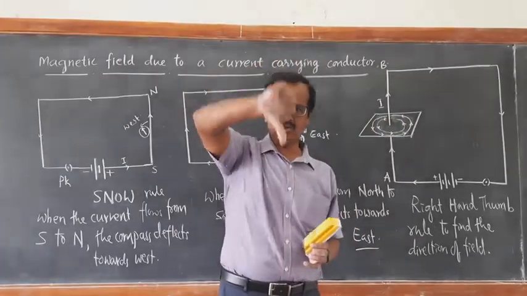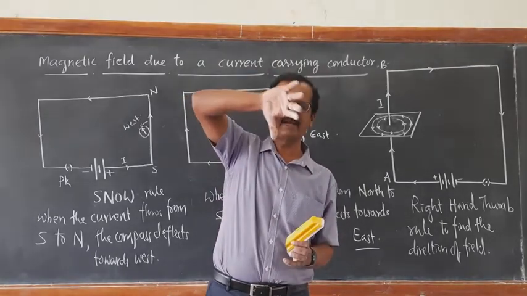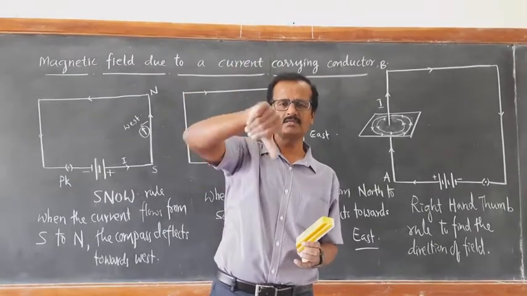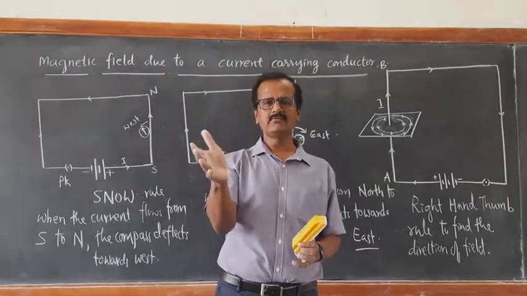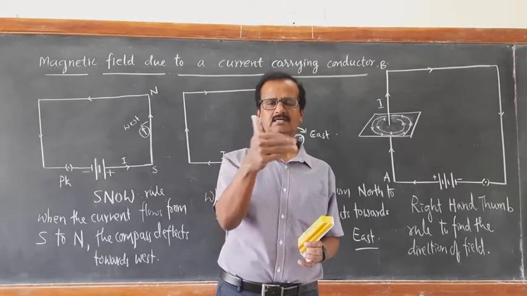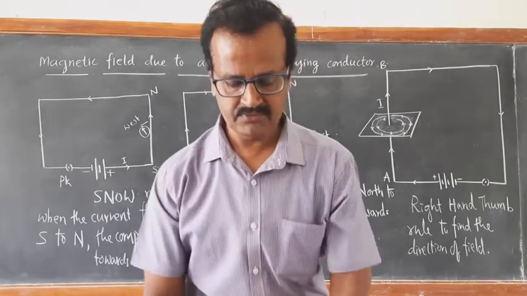So when the current goes down, the fingers are clockwise. So the direction of magnetic field lines are also clockwise when the current is downwards. When the current is upwards, the field lines are in the anti-clockwise direction. So that gives you direction of magnetic field.